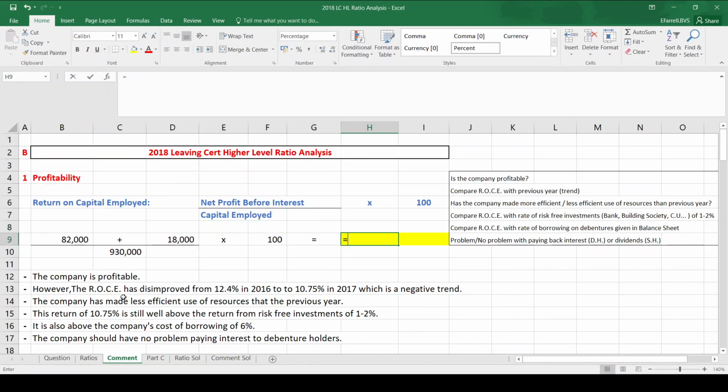So that equals 82 plus 18 divided by 930,000, which is 10.75%. So now we have to comment on this.